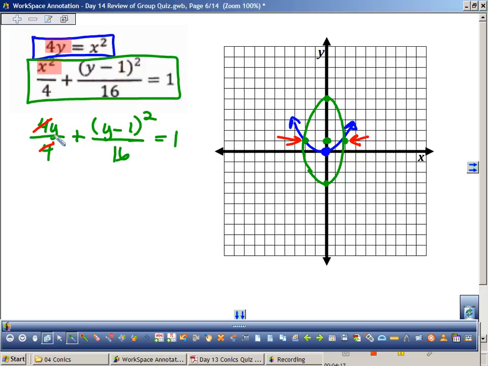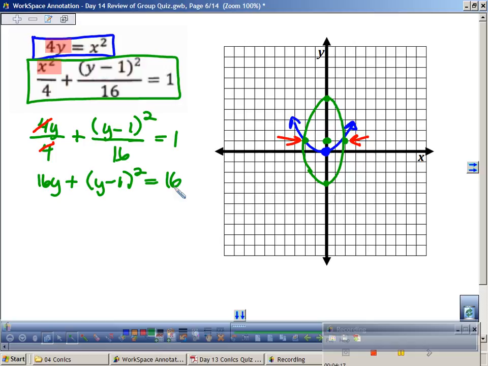So this is going to be 16y plus y minus 1 squared equals 16. I can't do anything else here, so I better FOIL this. 16y plus y squared minus 2y plus 1 equals 16. 16y and negative 2y make 14y.